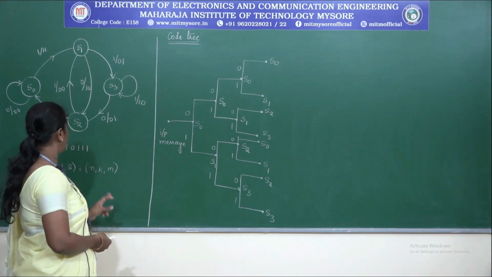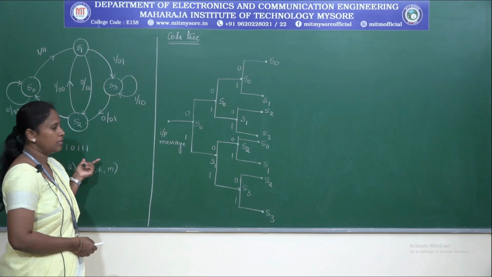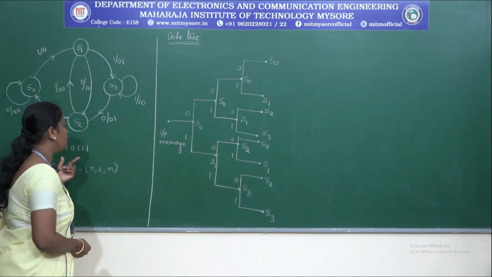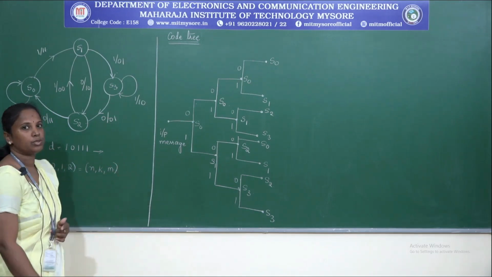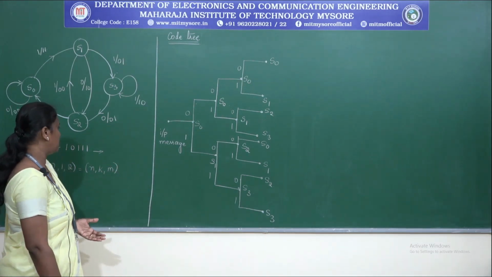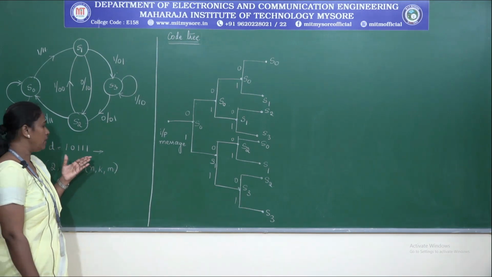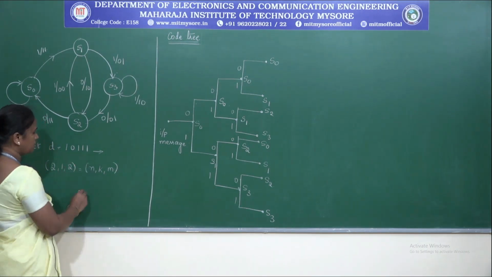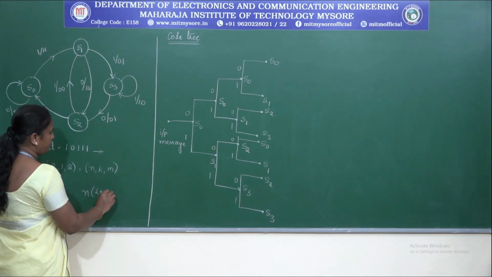Since we have 5 bits here with respect to your D, 5 bits means it is going to traverse through 5 successive stages. So the length of the code bits should be n into L plus m.